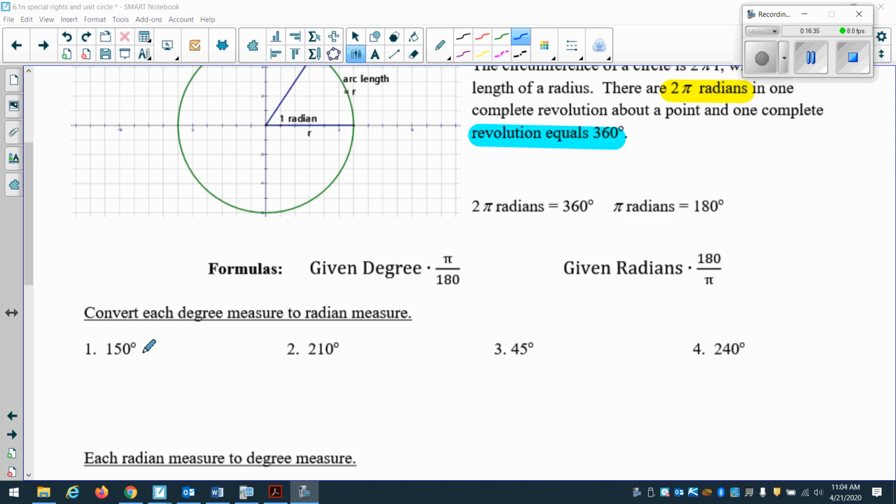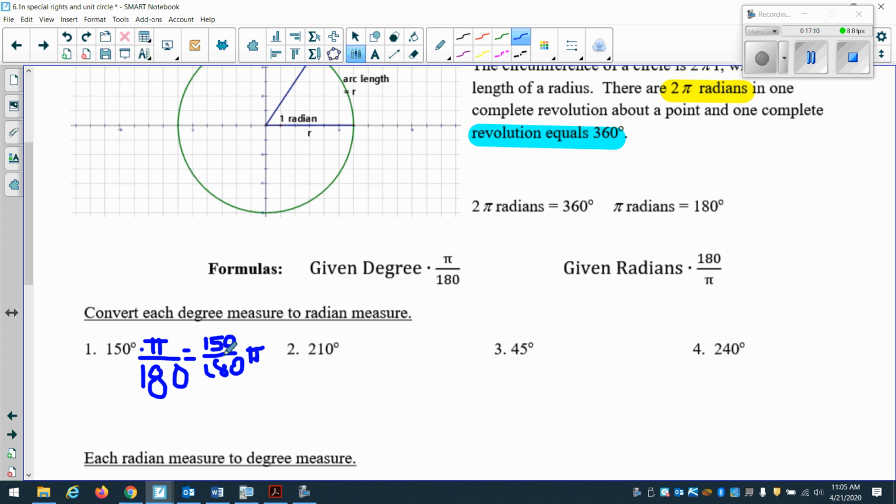So here you have 150 degrees and you want to multiply by pi over 180. So what you're going to notice is it's 150 over 180. And then what we do is we just tack on pi. But we want to reduce this.